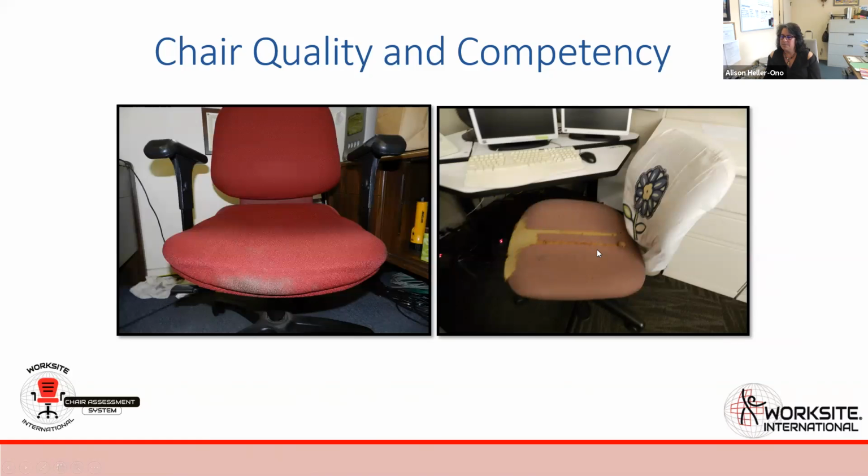This is just pathetic. A chair with no fabric on it at all. Imagine you have people walking around or guests coming to your company and they do see that. It just doesn't say very much about how you value your employees and the products that you provide to them to work with.